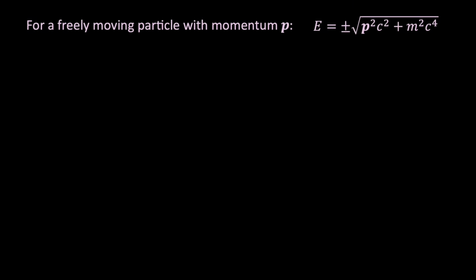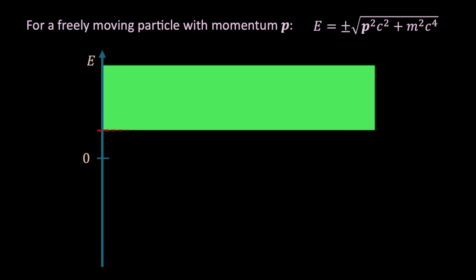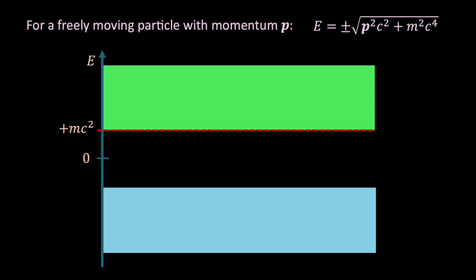Since the momentum can take any value from 0 upwards, the positive energies form a continuous band starting at plus mc squared, and they move all the way up to infinity, while the negative energies form a second band stretching downwards from minus mc squared to minus infinity.